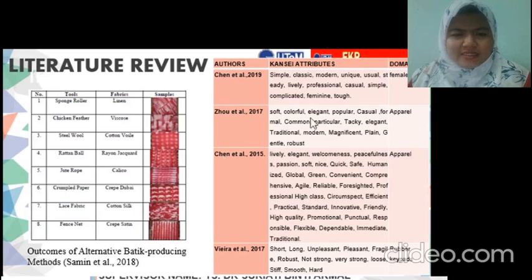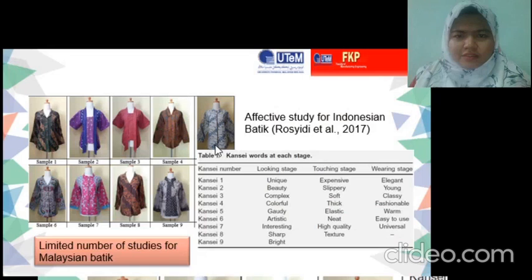The second is the table for kansei words. As you can see, the kansei words that we can see are all about apparel, and they hardly focus on batik. This is a previous study related to batik.